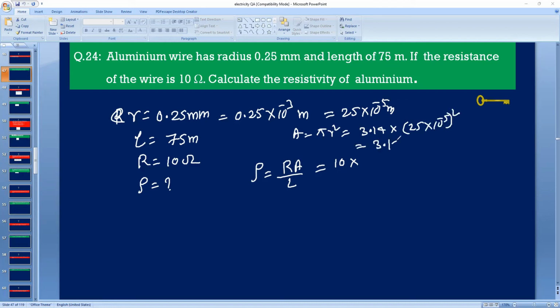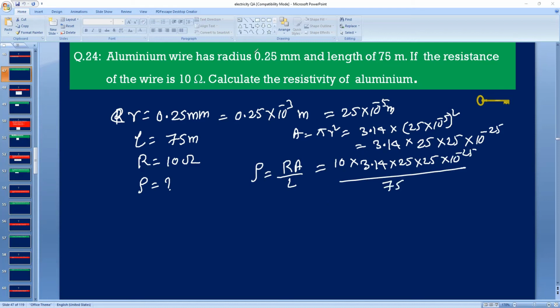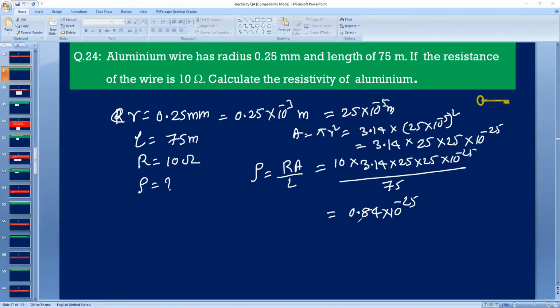So 3.14 into 25 into 25 into 10 power of minus 25 by 75. Final answer is 0.84 into 10 power of minus 25 ohm meter. Hope it is clear to you.